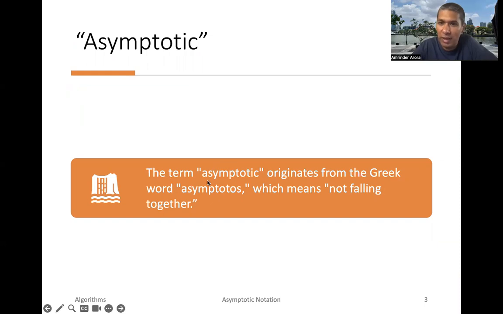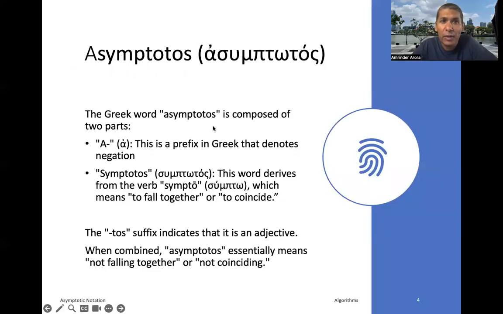The word asymptotic comes from the Greek word asymptotos, which means not falling together. The word asymptotos essentially has the a prefix, which stands for negation, that means not symptotos. And symptotos comes from the word sympto, and the tos suffix stands for an adjective.